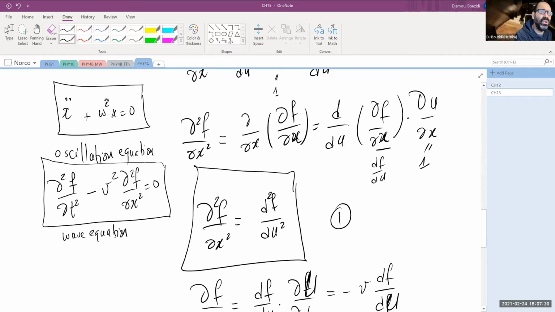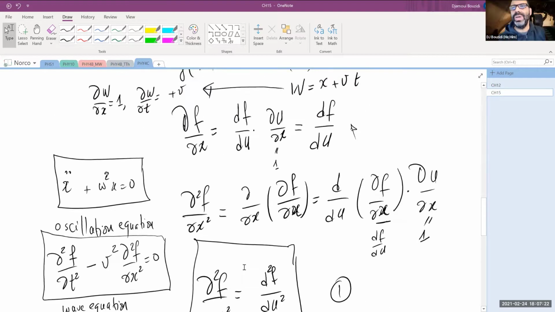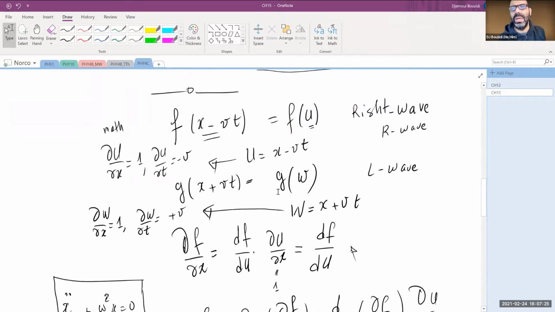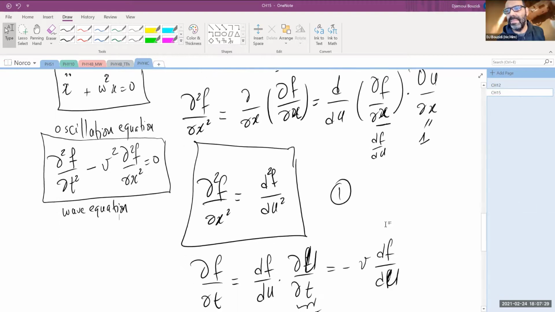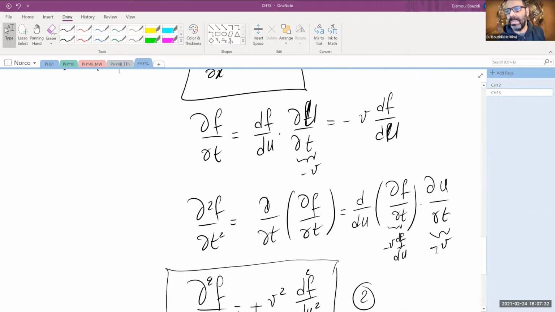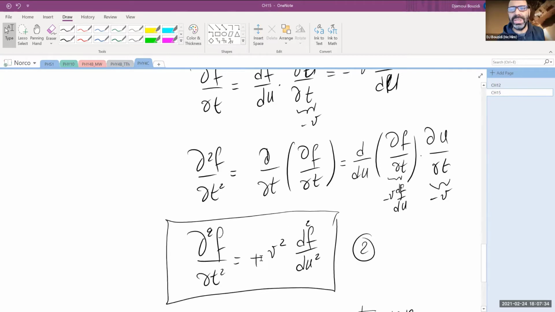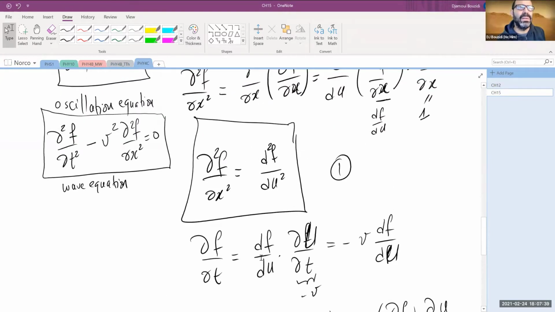Okay. I argued this for f of u, but you could have done it for g of w with the same argument. The only thing is this will pick up a positive v, and the second one will pick up a positive v, and a positive v times a positive v is going to be v squared. So it's going to be the same thing, identical. Even with a minus v, the minus squared becomes a positive.